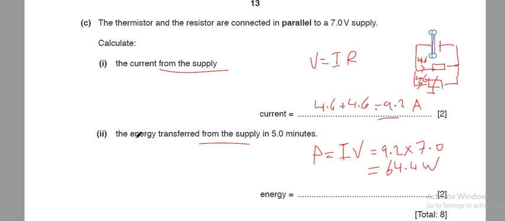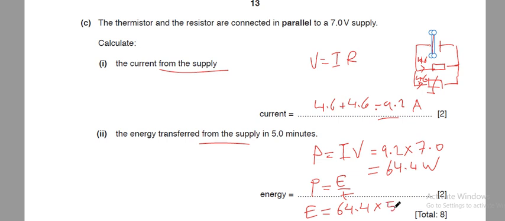Okay, but the question asks about energy transferred from the supply in 5 minutes. So as we know that power is equal to energy over time, so energy is equal to power times time, 64.4 times time.